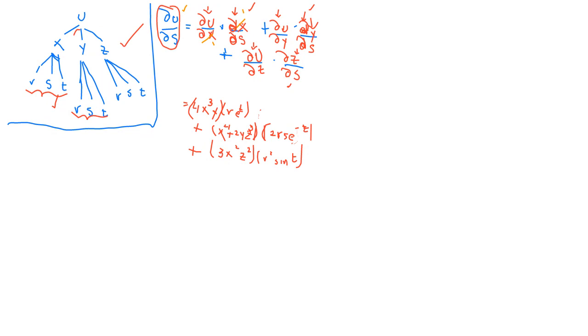Okay, so now what we have to do is evaluate. I was going to mention, you know how you use a function of x, y, and z, and x, y, and z are functions of r, s, and t, and we're trying to find the partial of u with respect to s.